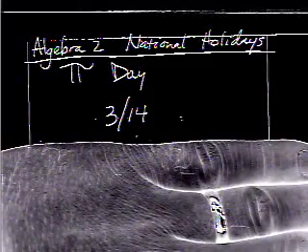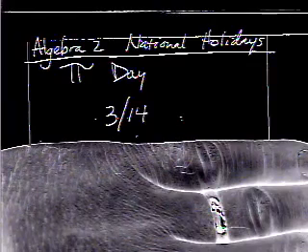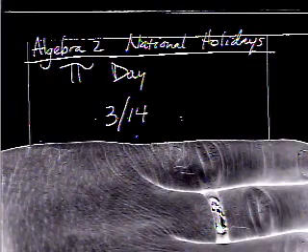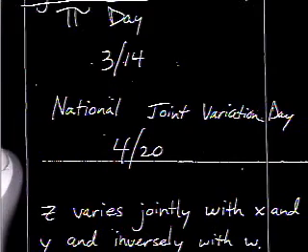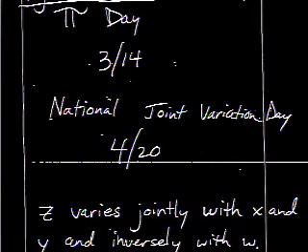But the second national holiday that's coming up this spring has everything to do with joint variation. It is National Joint Variation Day, and we celebrate that on April 20th. So, mark that on your calendars, National Joint Variation Day. We'll have a lot of fun with that.